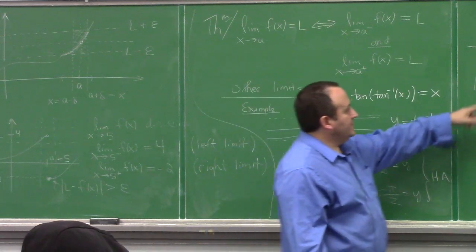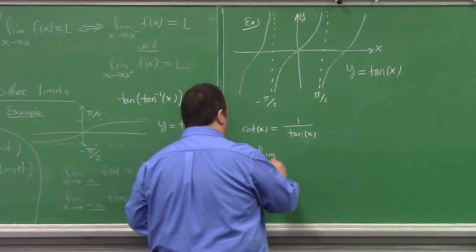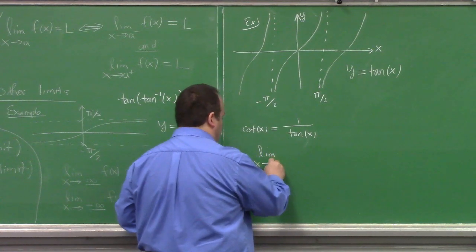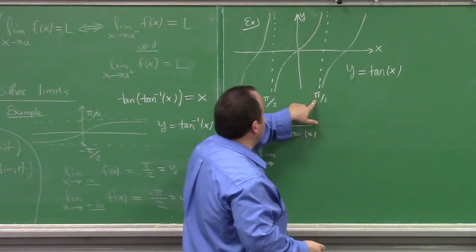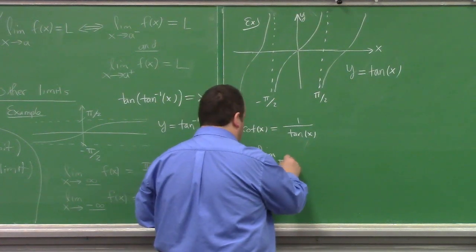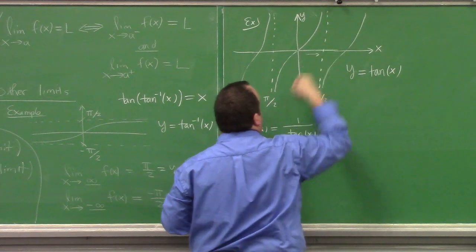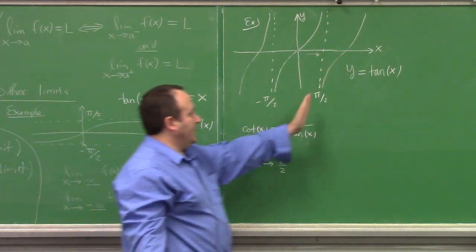Now this one, in contrast here, what would the limit be? And now this is the kind of limit we have been talking about. Let's go to pi over 2 from this side. What would I write? X goes to pi over 2. Do I need a plus or a minus if I'm approaching it like so? Well, look at this.